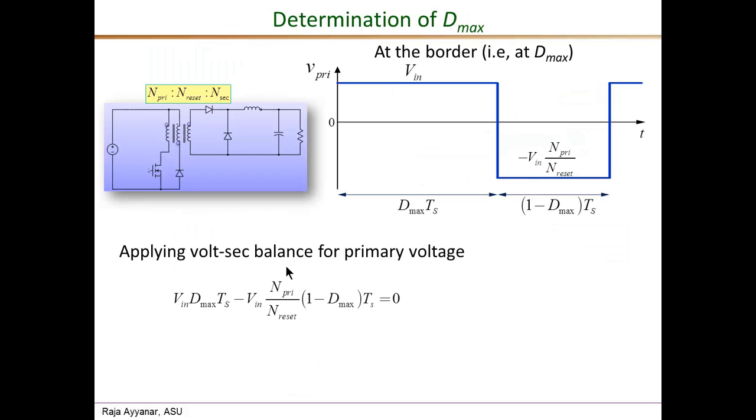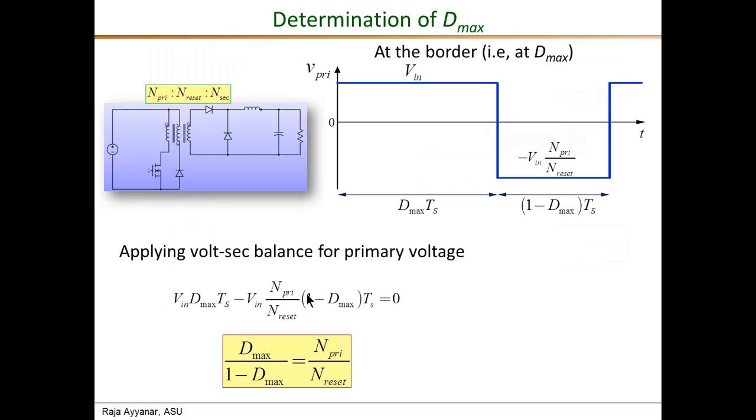Okay. So let's apply the volt-second balance as applied to the primary winding voltage. So during the on interval, it is Vin for a duration of Dmax times Ts, plus the voltage during the off interval, which is minus Vin times N primary over N reset, times the duration, which is 1 minus Dmax times Ts, and that should be equal to 0 for steady state. Okay.